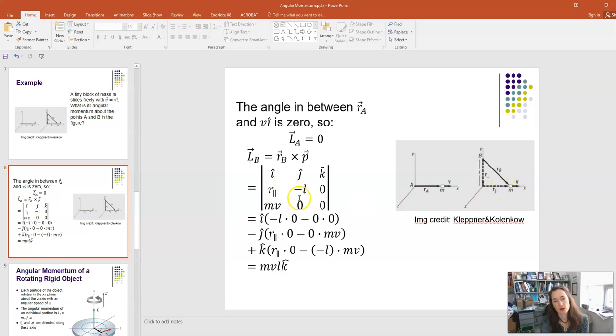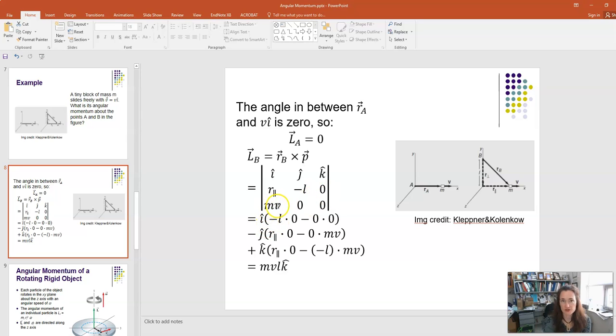And then the y component of my vector r_B would be minus L because it points from point B, which is on the positive y-axis, down towards y equal to 0. So that gives you minus L for the y component. And then z is 0 because everything takes place in the xy plane.